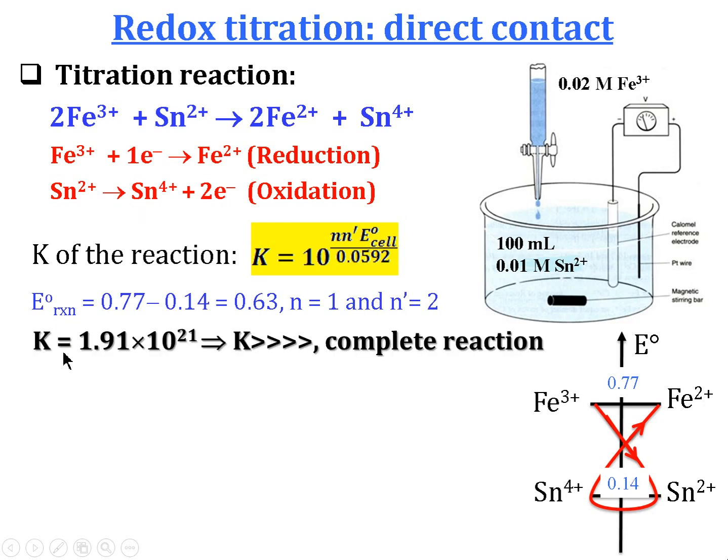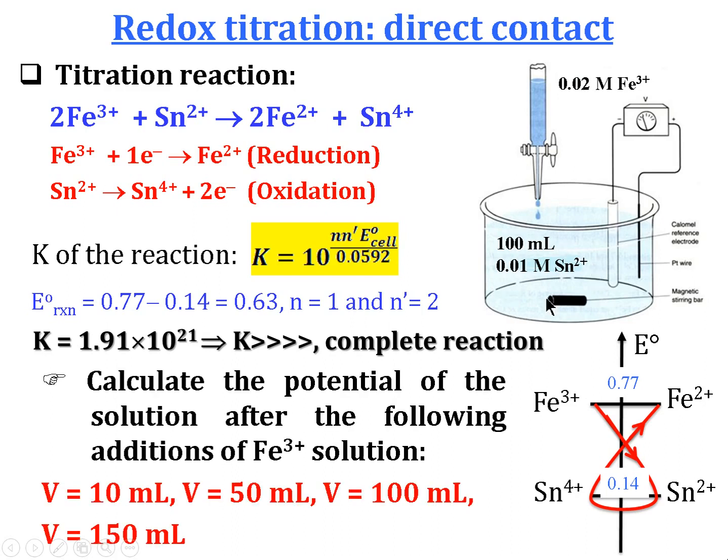So the value of K by calculation is equal to 1.91 times 10 to the power 21. We can say the value of K is very high, so we can consider this reaction complete.